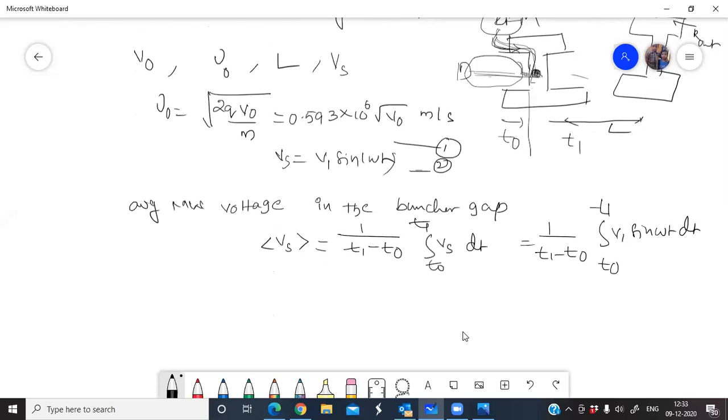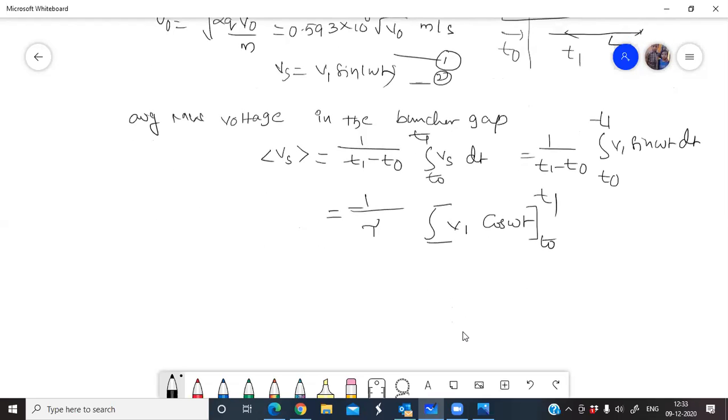Now that is equal to 1 by T1 minus T0. I want to assume this as tau. So 1 by tau, integral. Directly after integration, V1 sin omega t becomes minus cos, so minus here, with limits T0 to T1.